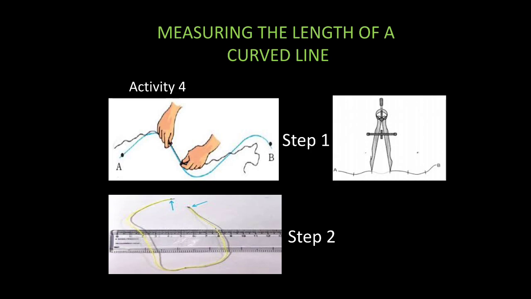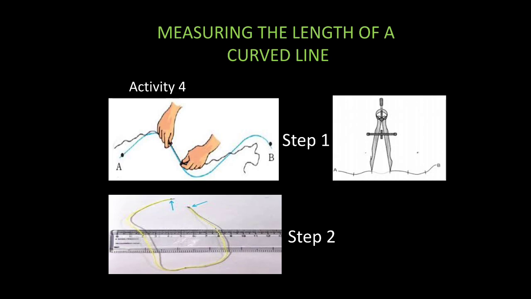Now, another activity is also given on page number 101. Here, the topic is something different. It is measuring the length of a curved line. Just see in step 1, the picture on the left-hand side: a curved line is given, the starting point is A and the end point is B. You have to measure that.